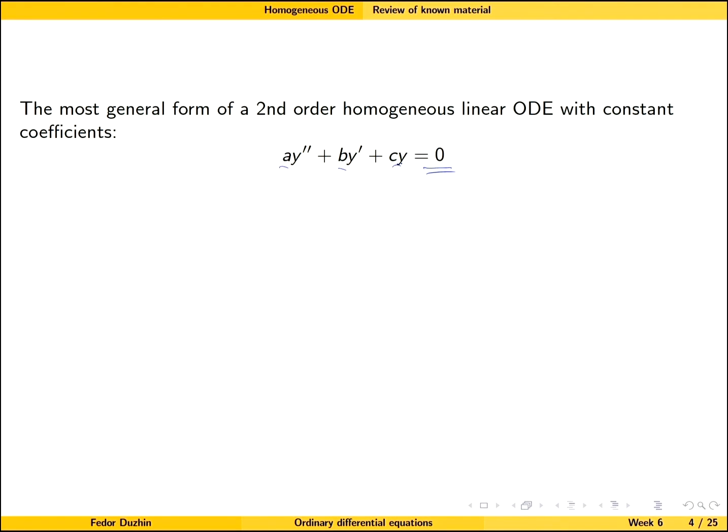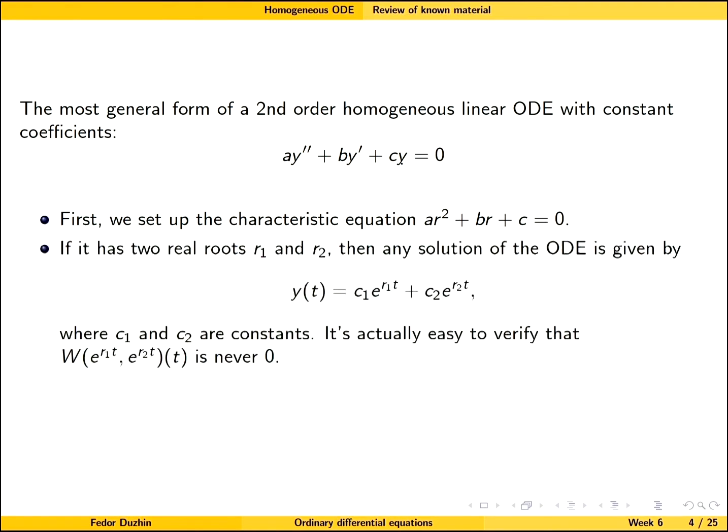Well, and linear means that it is of this form. In order to solve it, we set up the characteristic equation, and then the characteristic equation is just a quadratic equation, so very often it has two real roots, and then we can construct a solution of the corresponding ordinary differential equation.